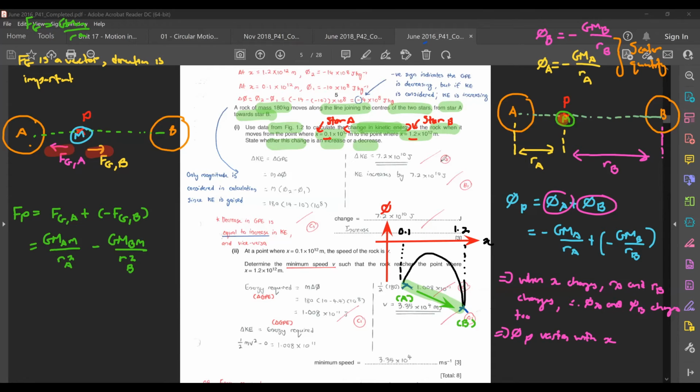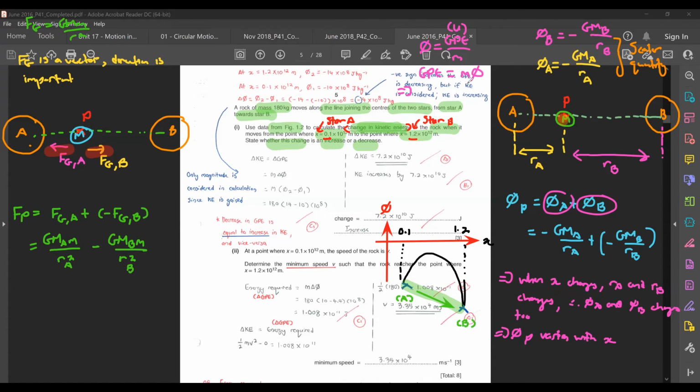Now, there's a relation between potential and GPE that I mentioned in one or two lessons before this. If you recall, I mentioned to you before that potential is GPE over M, or that time I wrote in the notes U over M. You can actually say that GPE is M times phi.